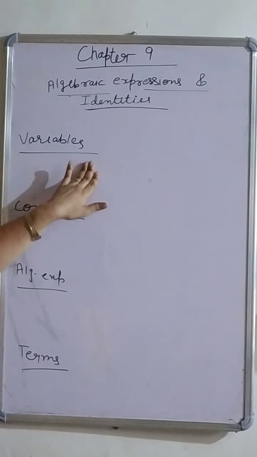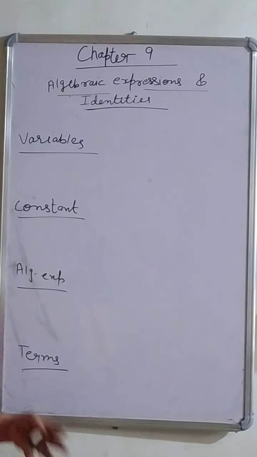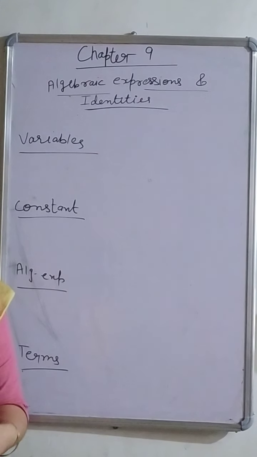First is variables. As the name suggests, terms that can vary. It can have different values. We can take different values for variables. As you know, many times we say let it be x, let it be y. We don't know what will be the actual value of these variables.